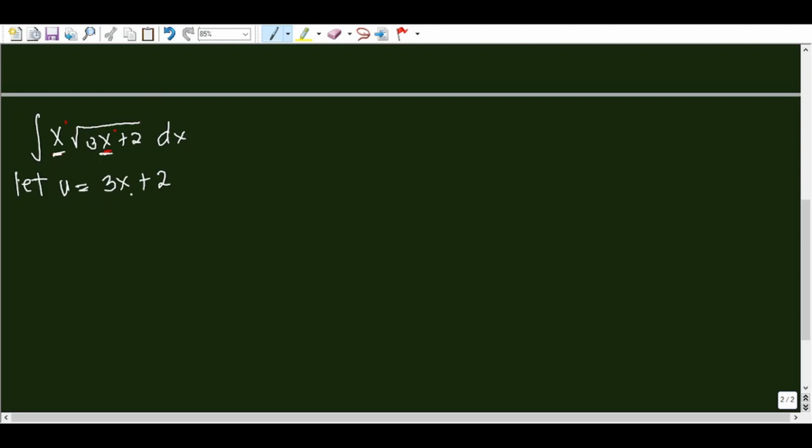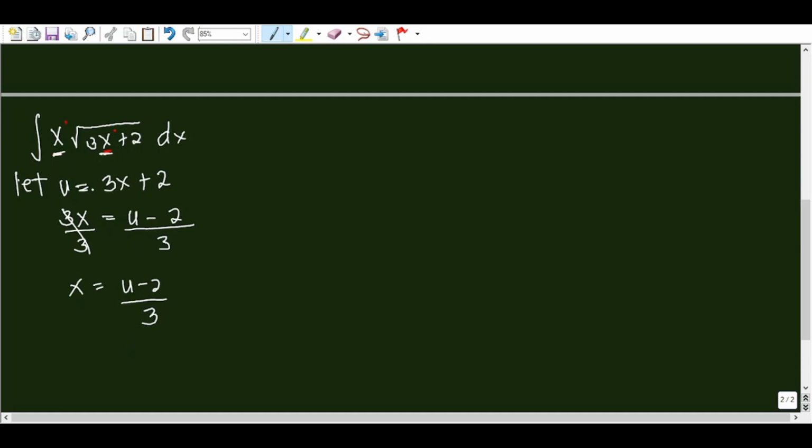I want to leave the variable x on the left side of the equation. So 3x is equal to u minus 2. Since I want to leave x alone, I divide by 3. My x now becomes (u minus 2) over 3.